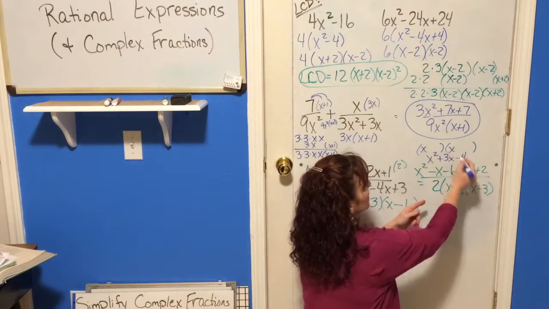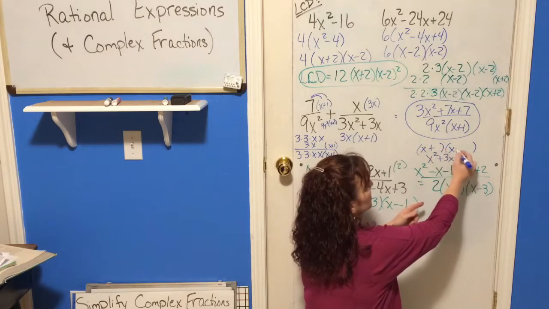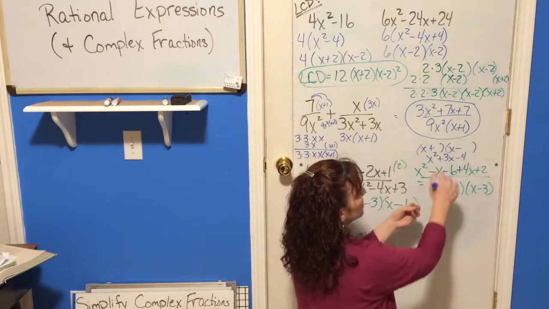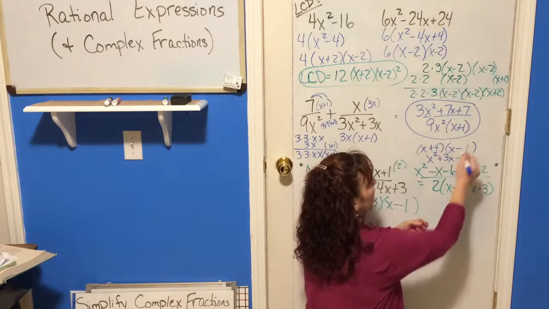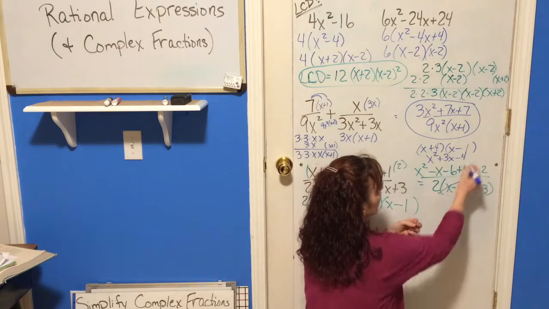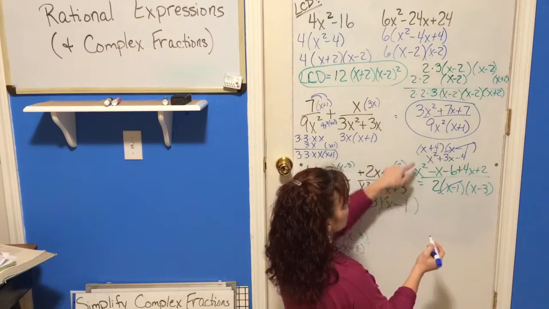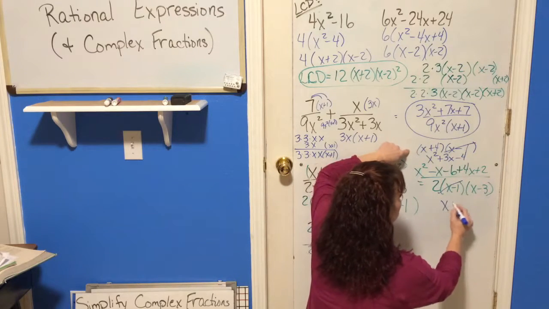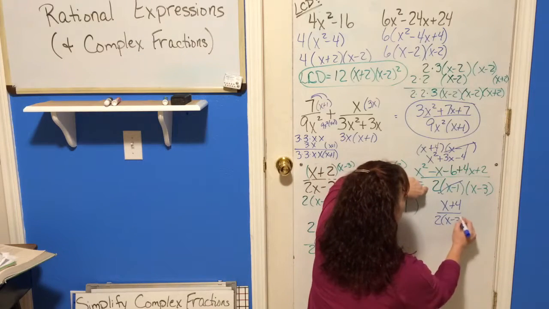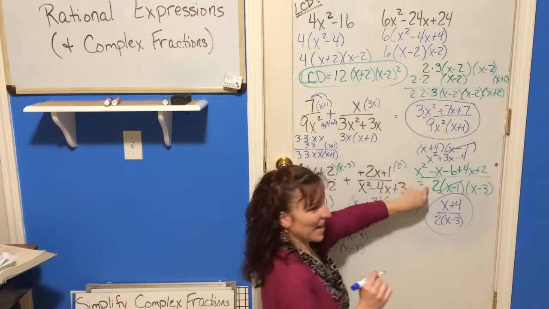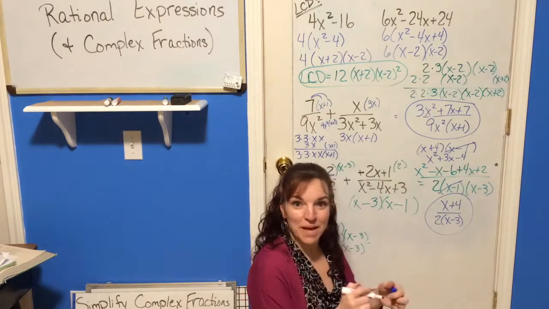So I've got x, and my signs are different, and the difference is going to be 3, and I want it to be positive, so positive 4, negative 1, and lo and behold, the x minus 1's cancel, and so my final answer then is x plus 4 over 2 times x minus 3. All right? And now when I stand up, my head will be chopped off.